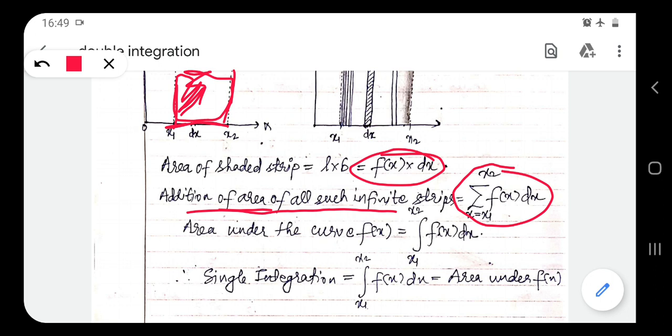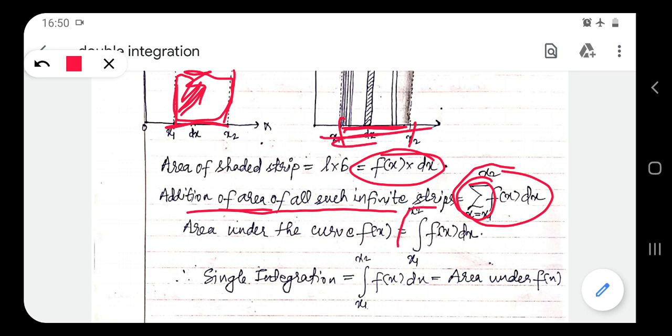Since my x is continuously running between x1 and x2, it is not going to leave any single value in this interval, so because of continuity I can replace this summation by the integration sign. That summation is replaced by the integration of the area of that single strip, and that strip is running from x1 to x2.